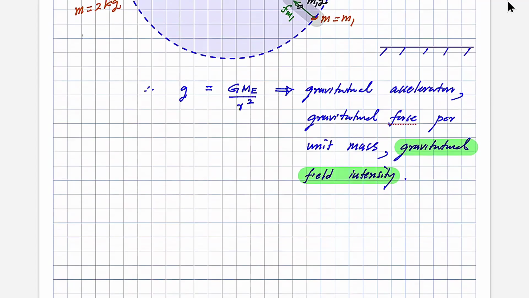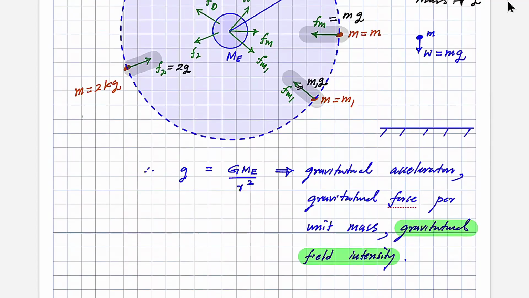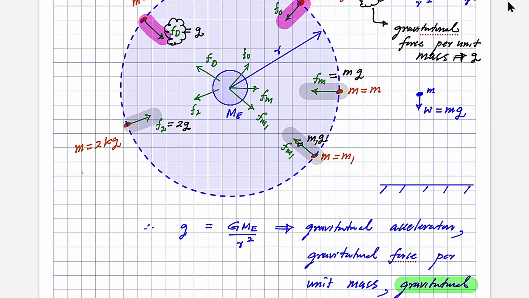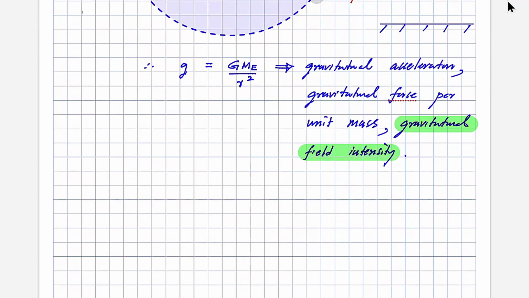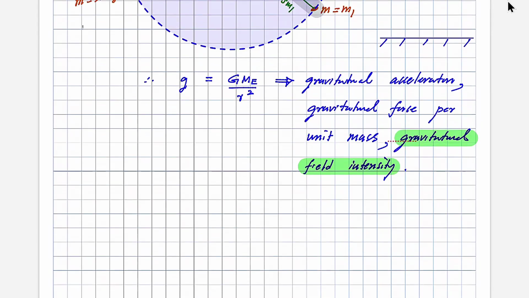So now G is gravitational acceleration, gravitational force per unit mass, gravitational field intensity, G. Now we'll go a little deeper.